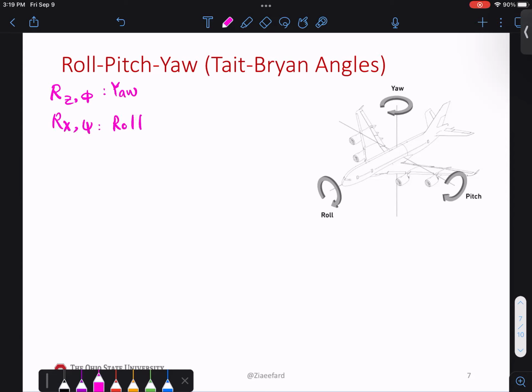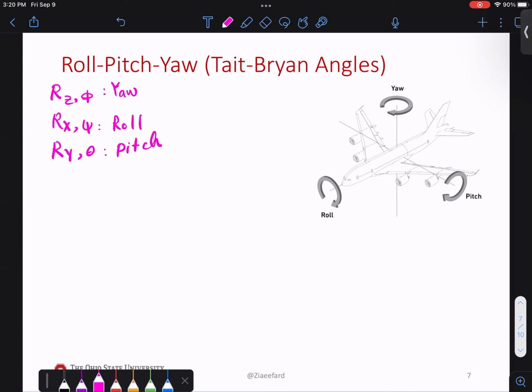So when I say Rx and psi, what do I mean by that? The psi angle, right? So notations are really important. And Ry and theta is going to be your pitch.